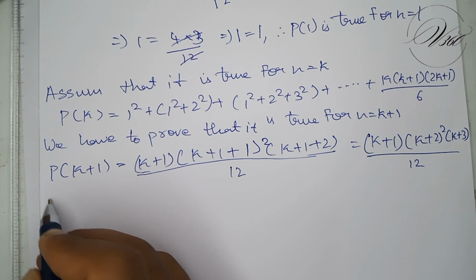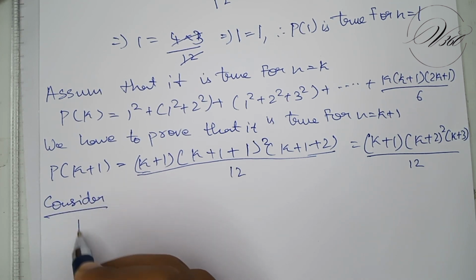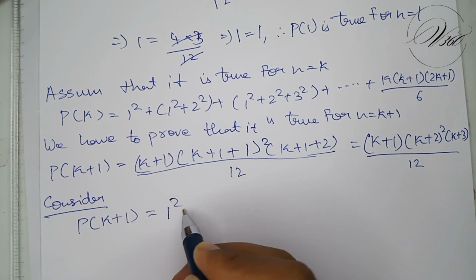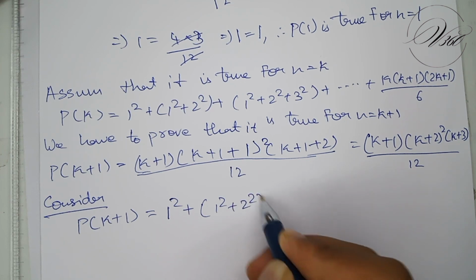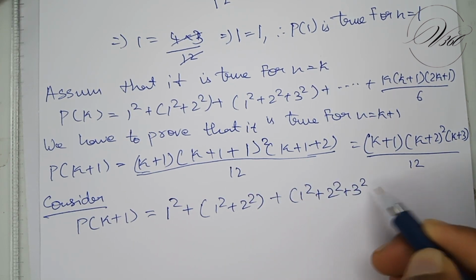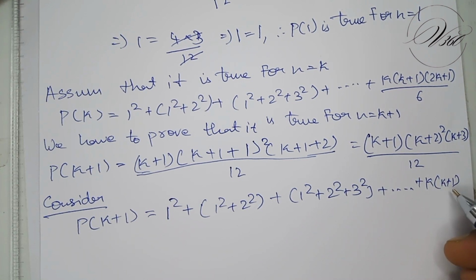Let's consider here P of k plus 1, which is equal to 1 square plus 1 square plus 2 square plus 1 square plus 2 square plus 3 square plus up to plus k of k plus 1 of 2k plus 1 by 6.